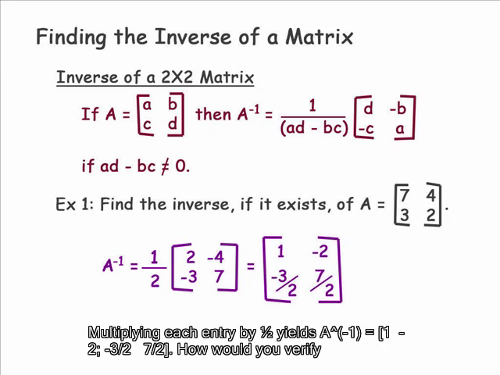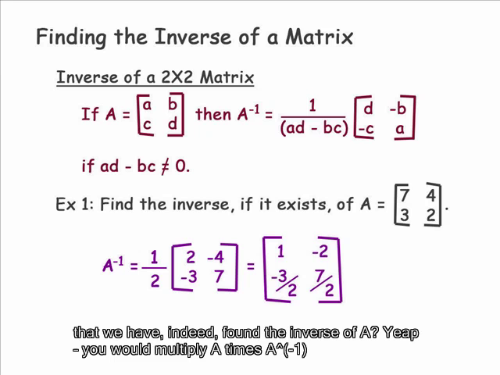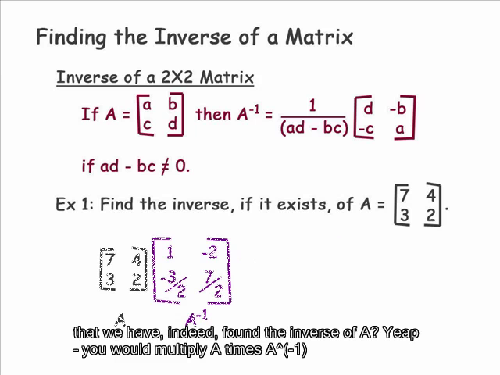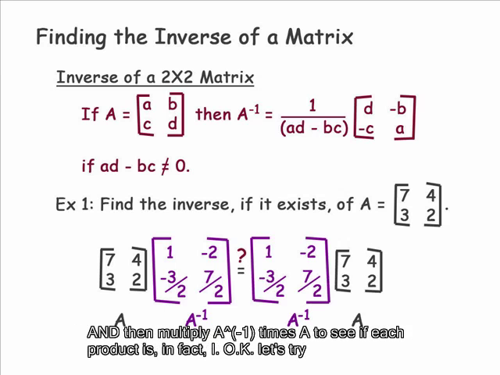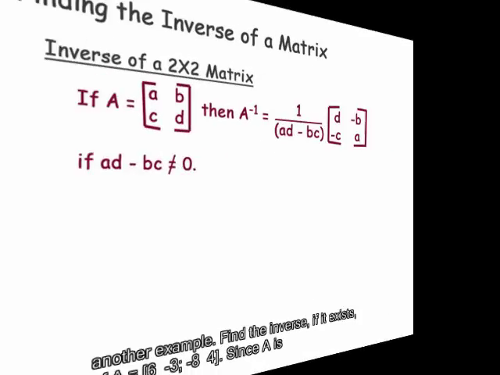How would you verify that we have indeed found the inverse of A? Yep, you would multiply A times A inverse and then multiply A inverse times A to see if each product is, in fact, I. Okay, let's try another example.